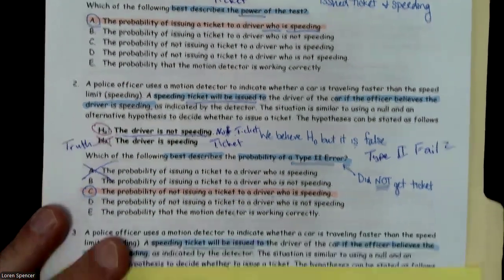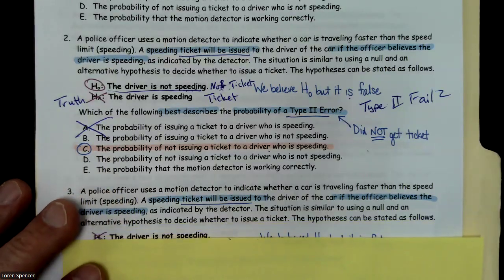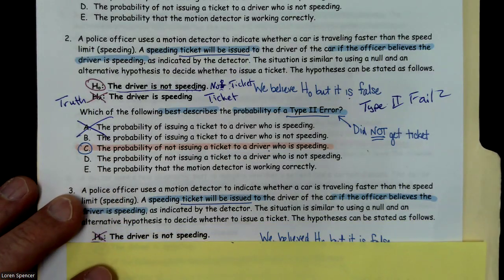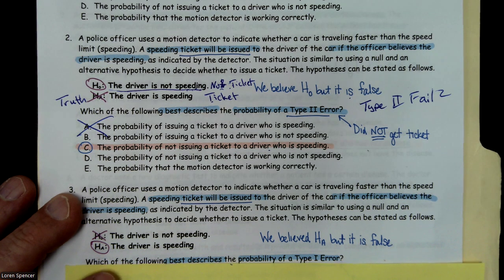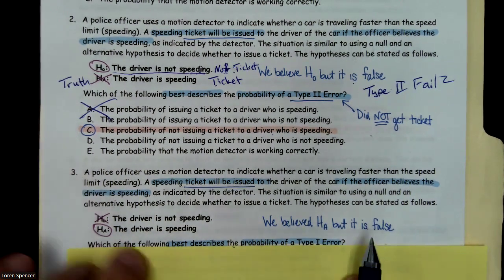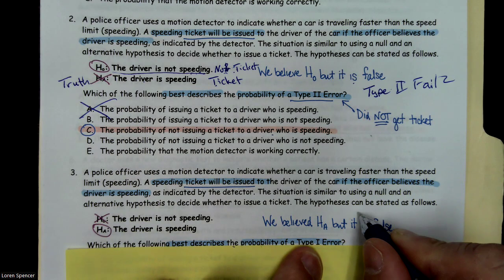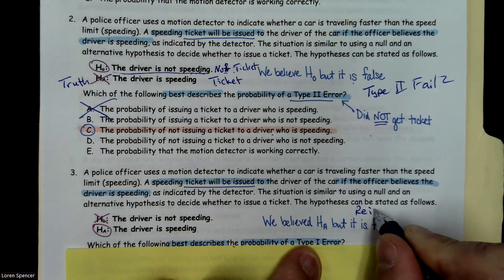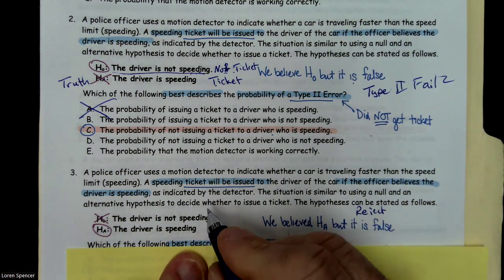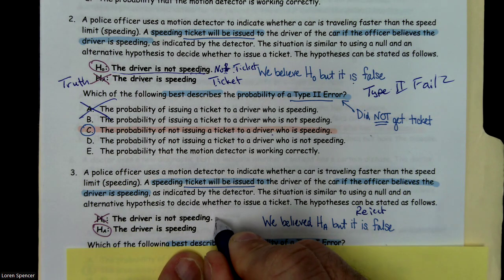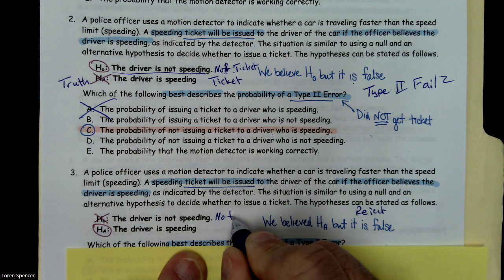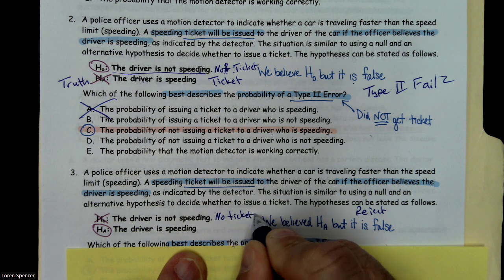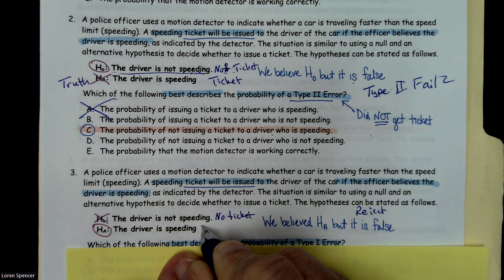We have the same police officer situation, so I'm not going to read it, but the question is, which of the following best describes a type 1 error? Well, in a type 1 we have to reject. Once again, the driver is not speeding, so no ticket. The driver is speeding, they get a ticket.